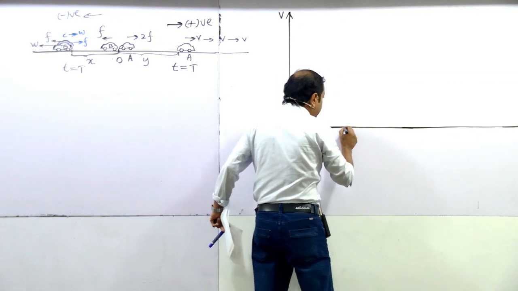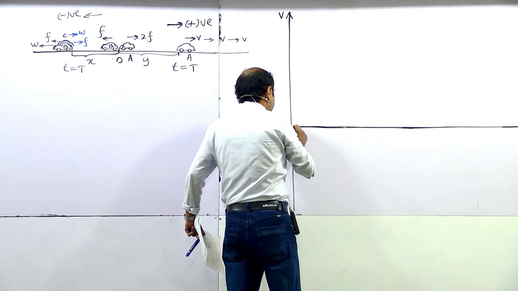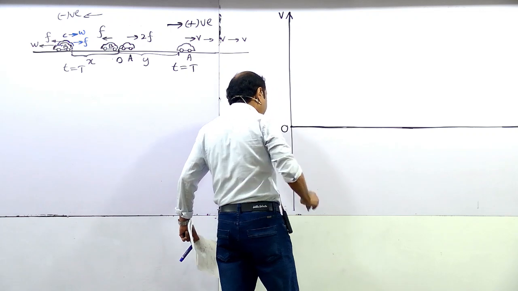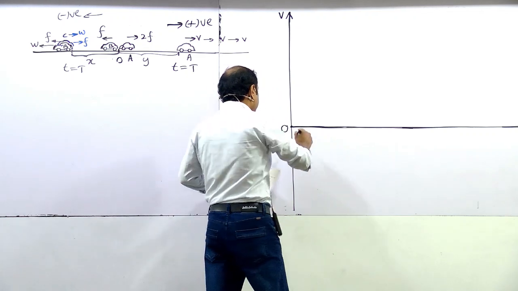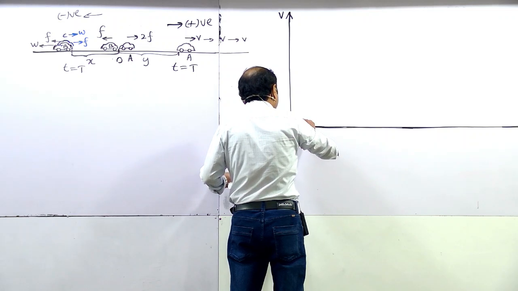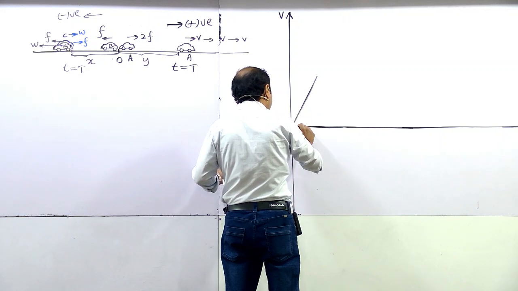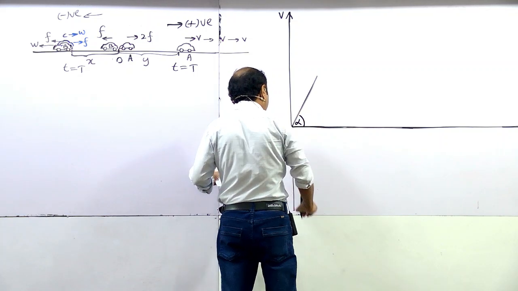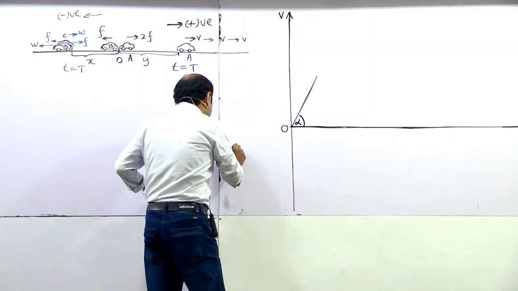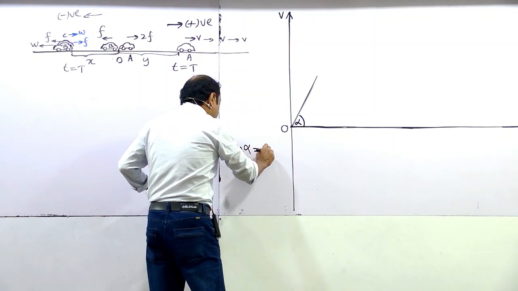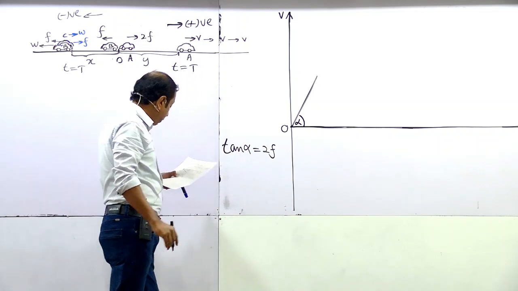That should begin the motion from here. Time 0, velocity 0. It moves like this with acceleration 2f, right? Let us take this angle as alpha. Then tan alpha is the acceleration of car A, given 2f.